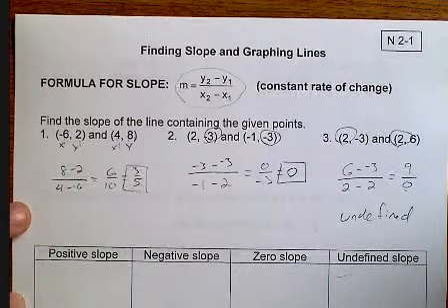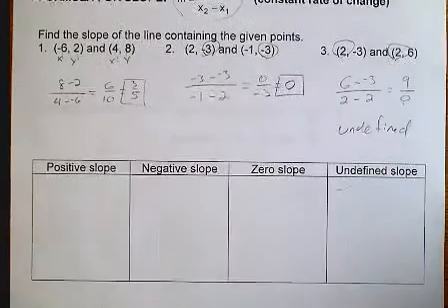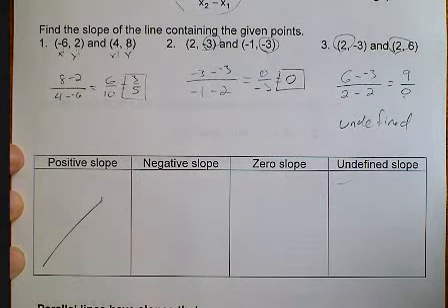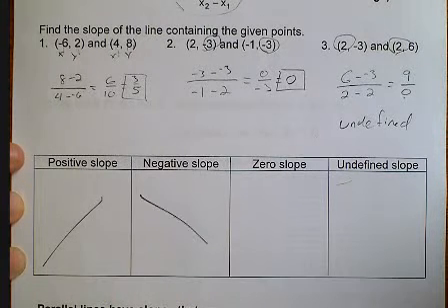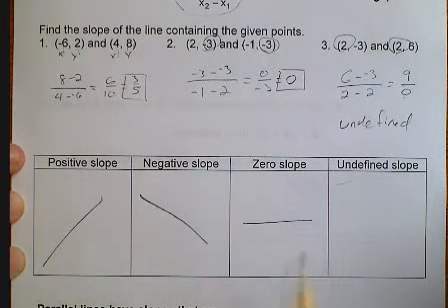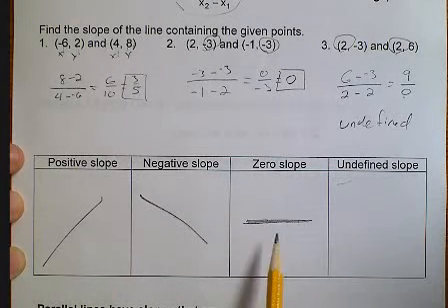So that was just a quick overview of how to use the formula for slope. Let's review slope. Positive slopes go up and to the right. Negative slopes go down and to the right. A zero slope is a flat horizontal line. Make sure that looks flat.